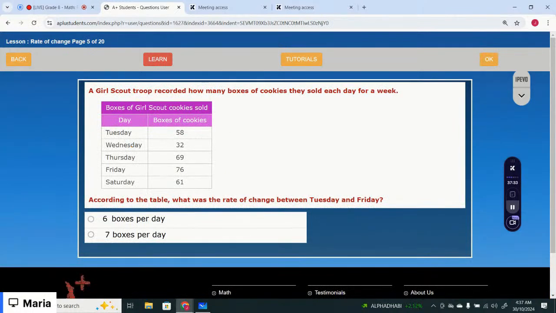A Girl Scout troop recorded how many boxes of cookies they sold each day for a week. According to the table, what was the rate of change between Tuesday and Friday?